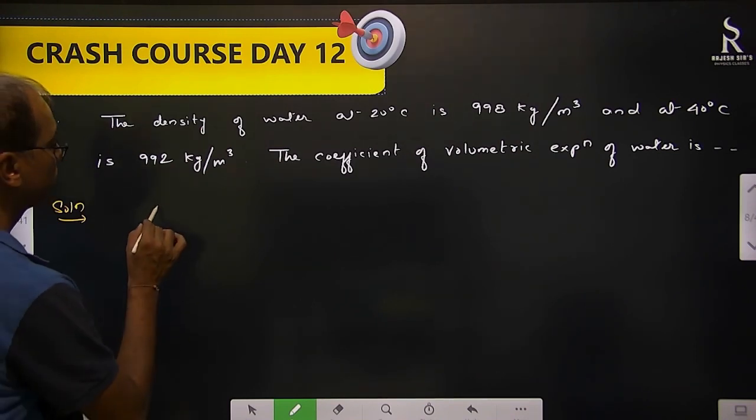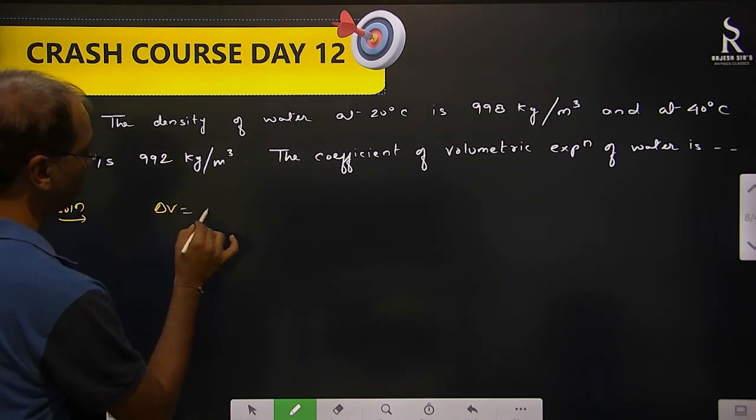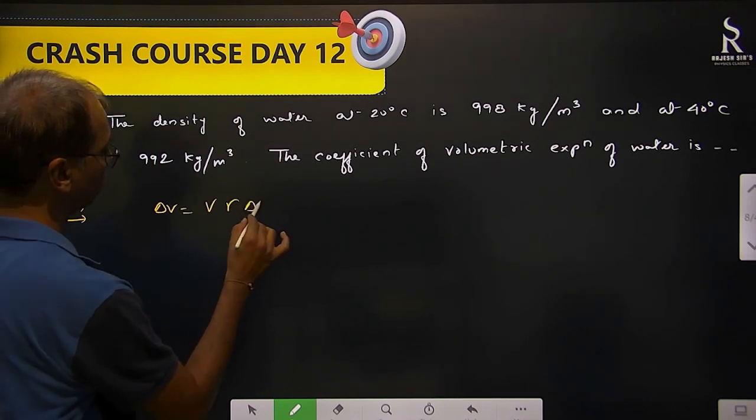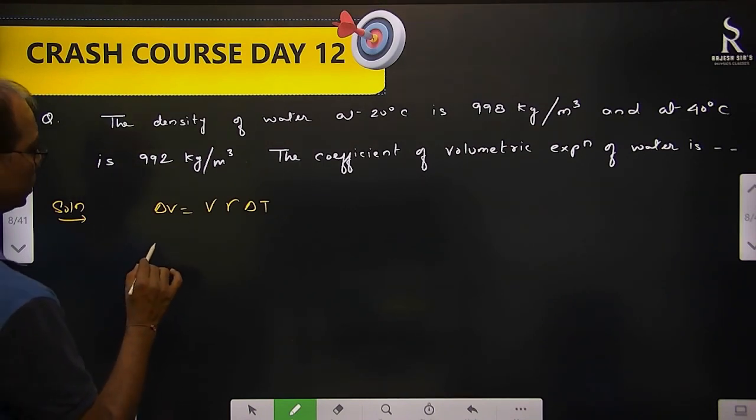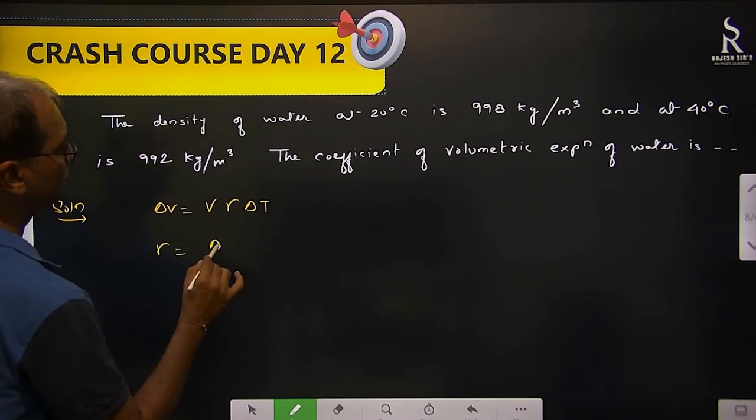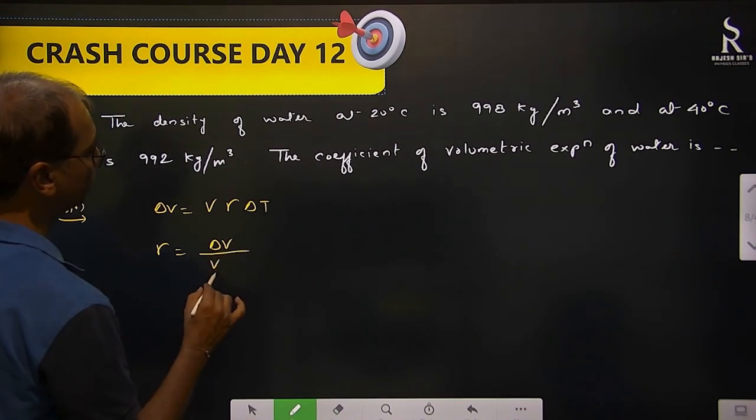We know that delta V equals V into gamma into delta T. So gamma is delta V by V delta T.